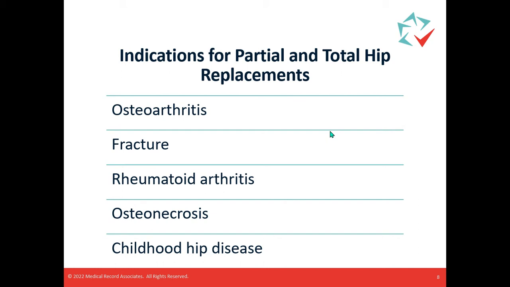Rheumatoid arthritis is where joints become deranged due to muscle atrophy and joint inflammation, and this often results in erosion of the bone. Osteonecrosis is where bone cells die due to a lack of blood supply, and there are also a number of childhood or congenital hip diseases. In later slides, we'll talk about the ICD-10 codes associated with these conditions.